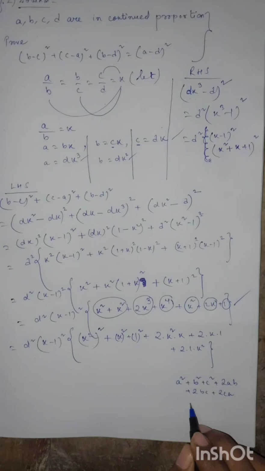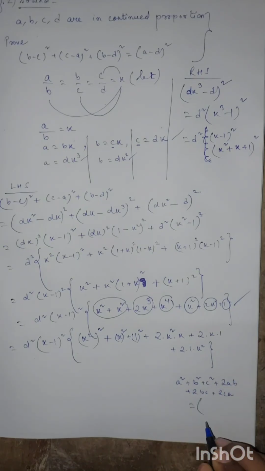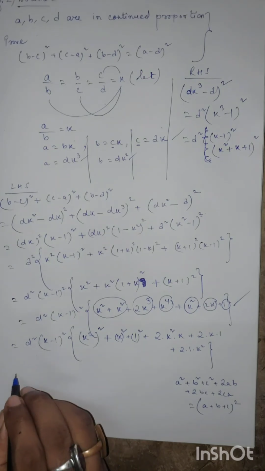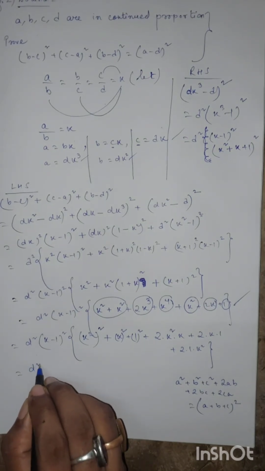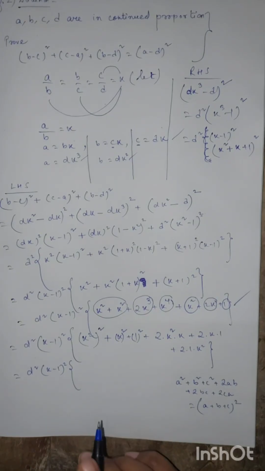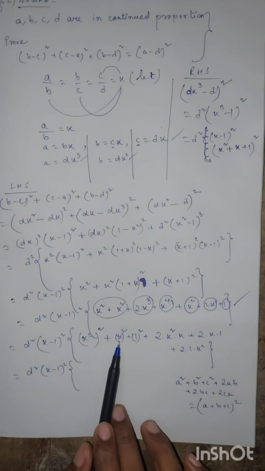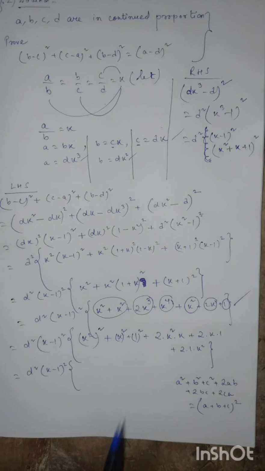So this is an identity, we know this thing can be written as a plus b plus c whole square. So we can write where our a is k square, k is b and 1 is c.